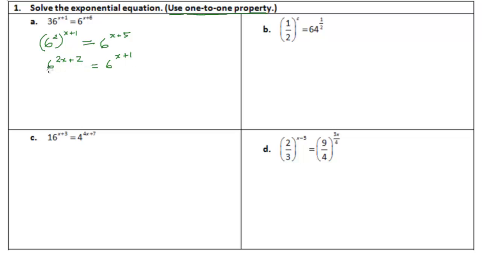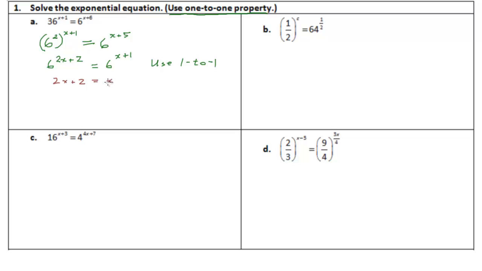And at this point, with common bases, we use the one-to-one property, and that means that if the bases are the same, then we can equate the exponents. That has to be true.